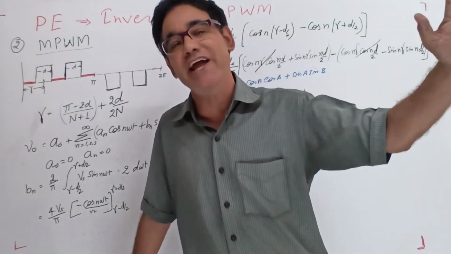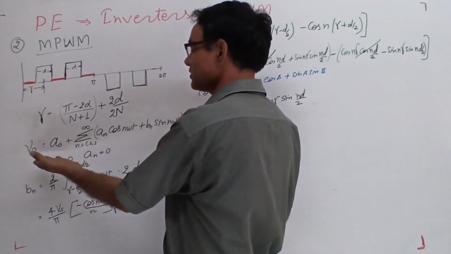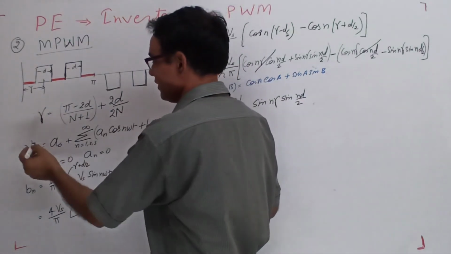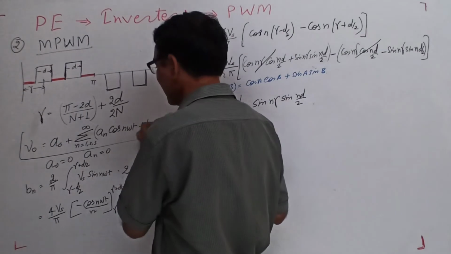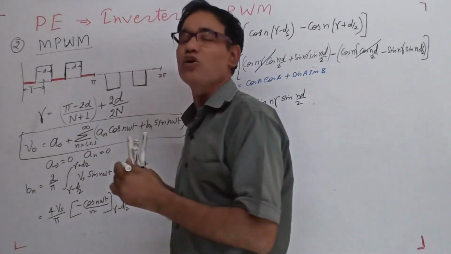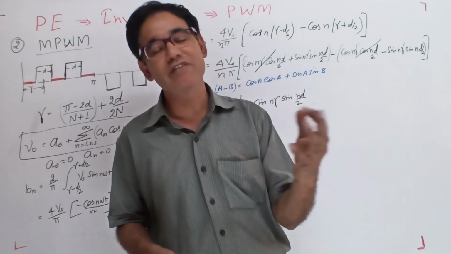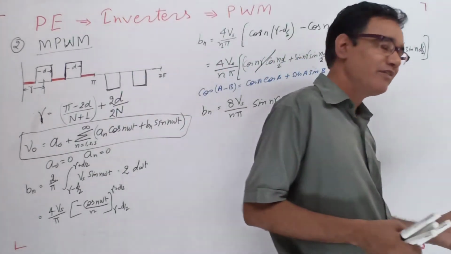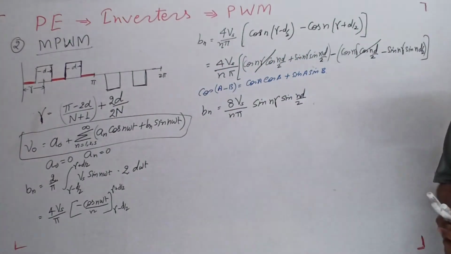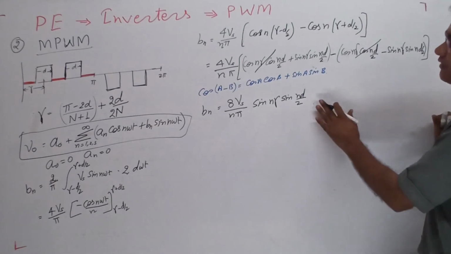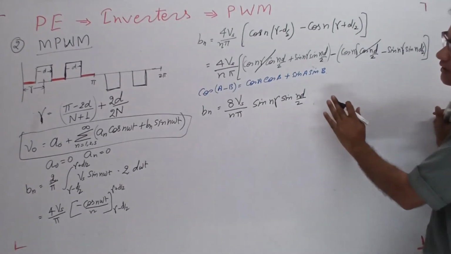As per the Fourier series, there are three coefficients we find out. Any one may be 0, or two may be 0. Here two are 0, A and A naught, but B is not 0. So we find out the value of B here.